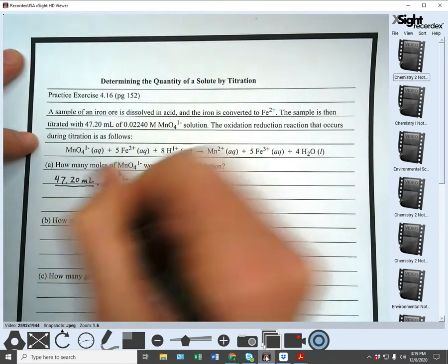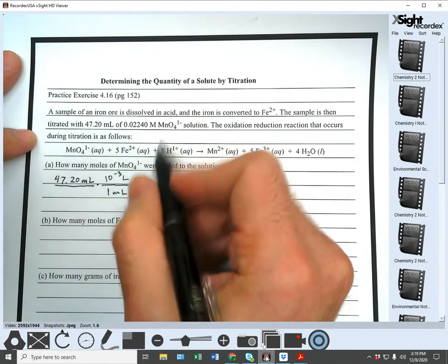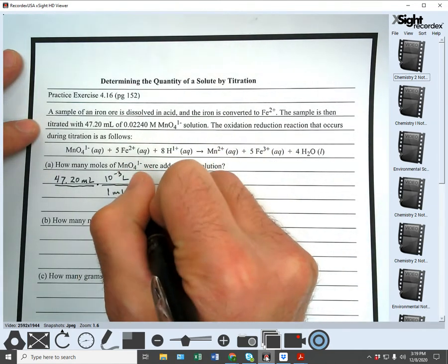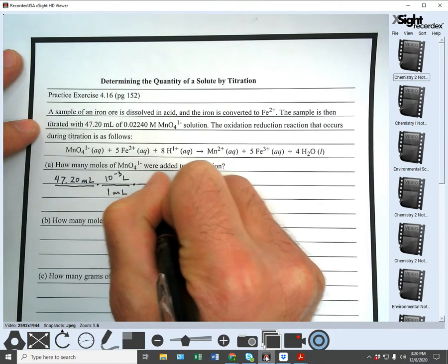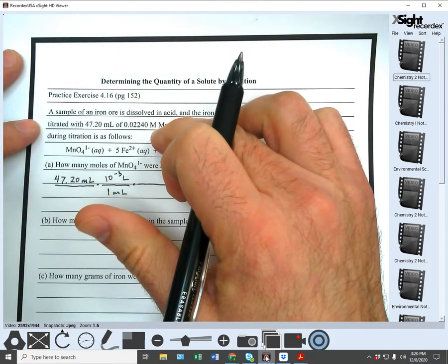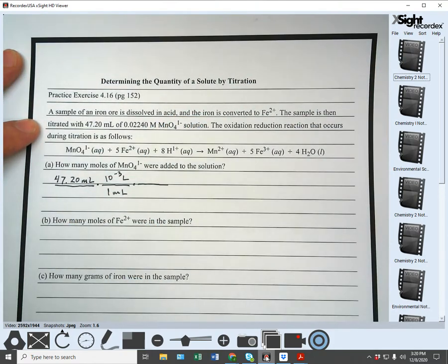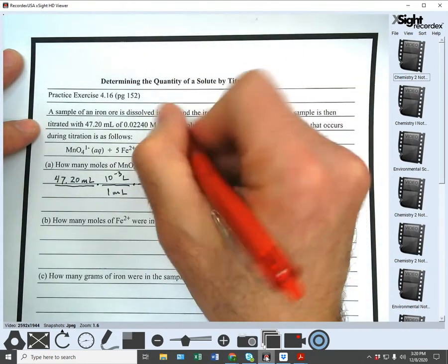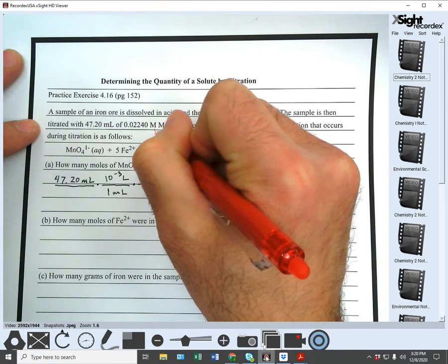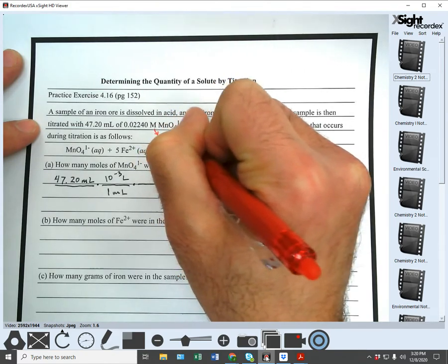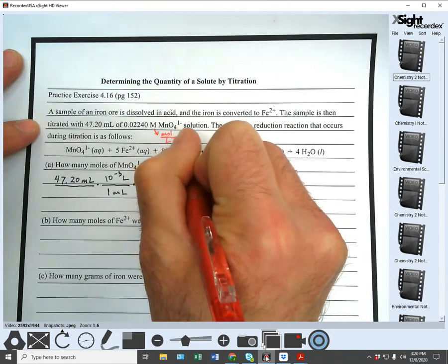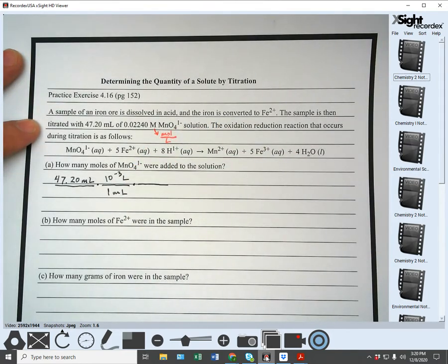And then remember, I want moles, right? So now I'm going to use my molarity as a conversion, remembering you can swap the label moles over liters for molarity.